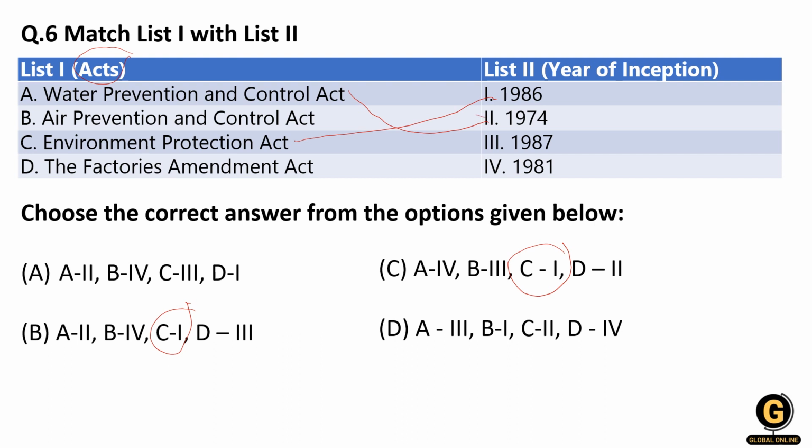So wherever you see A is equal to 2, this is our correct answer. And then we can just draw our answer that the Air Prevention and Control Act came in 1981 and the Factories Amendment Act came in the year 1987. So this way, if you know one or two options, it becomes really easy to guess the correct answer.